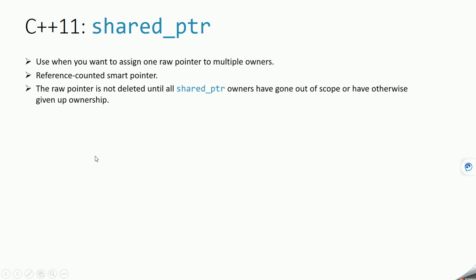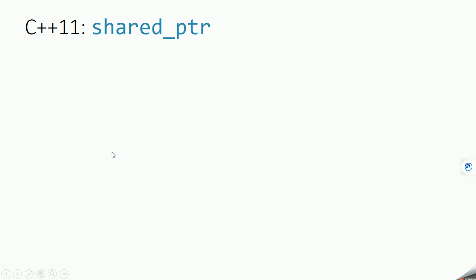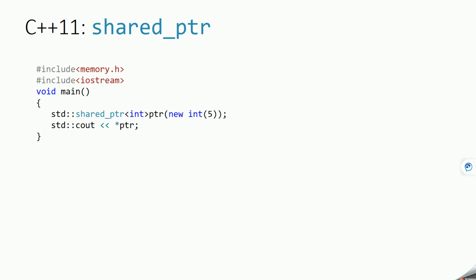Now let's see how we can create a smart pointer using shared_ptr. To create it, first we need to include the header file memory.h or just memory.